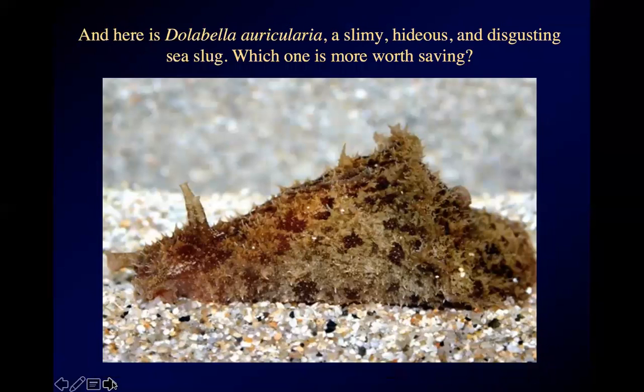Compare the panda with a disgusting, slimy, hideous sea slug called Dolabella auricularia. Now, let's say you had the choice to save one of these species for the future and let the other one go extinct. Now, which one would you prefer?